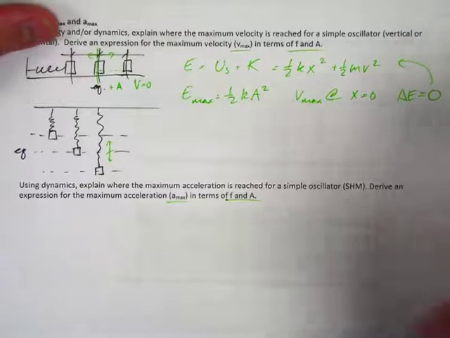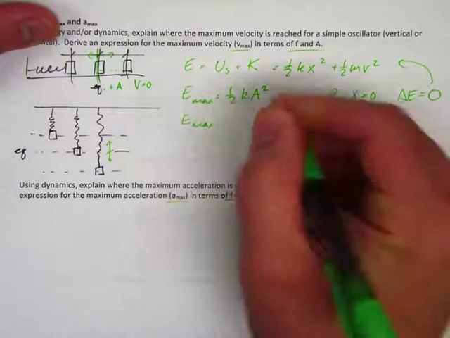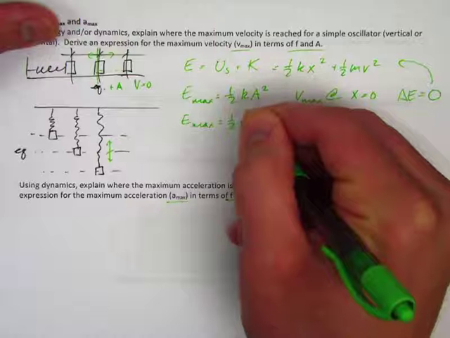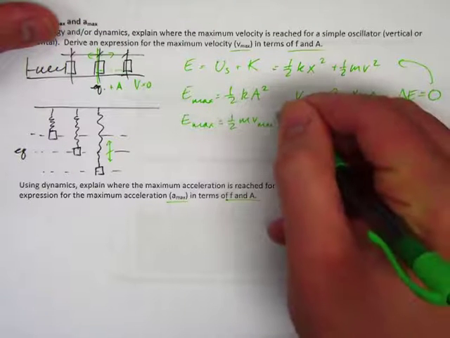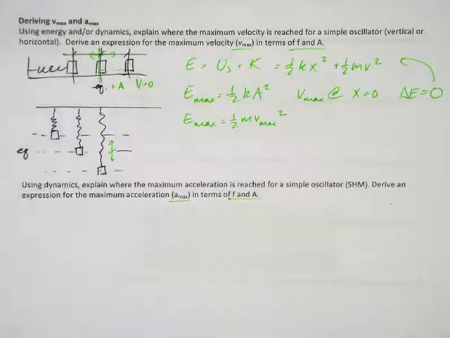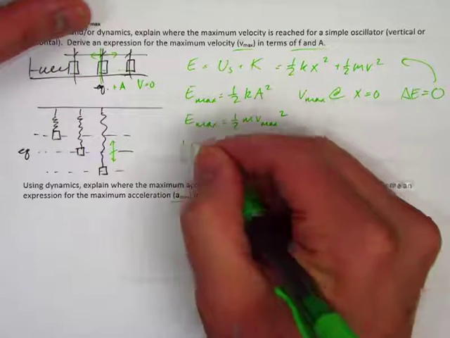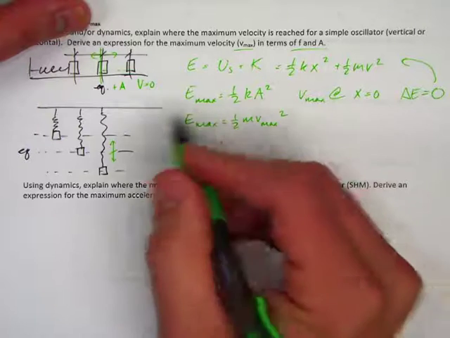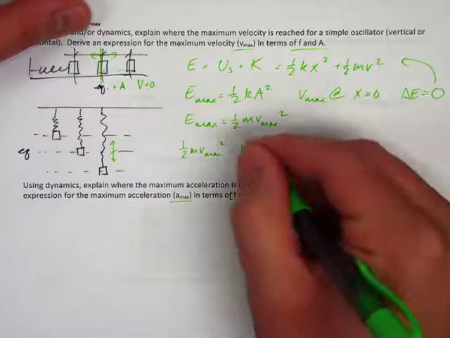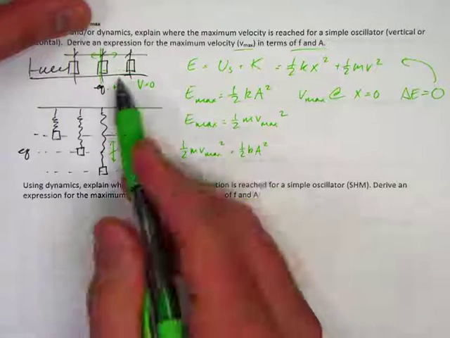So we know that E max could also be found knowing 1/2 m, the speed at equilibrium, which I'm going to call V max, squared. So let's set these equal to each other. 1/2 m V max squared, the maximum kinetic energy at equilibrium, has to equal 1/2 k A squared, the maximum spring potential at max stretch.